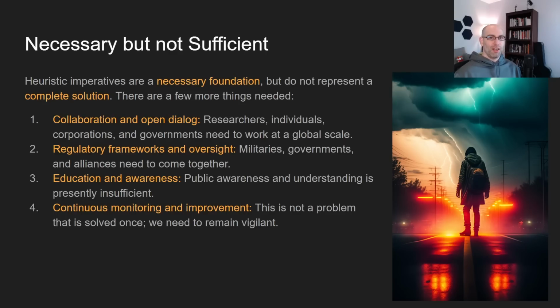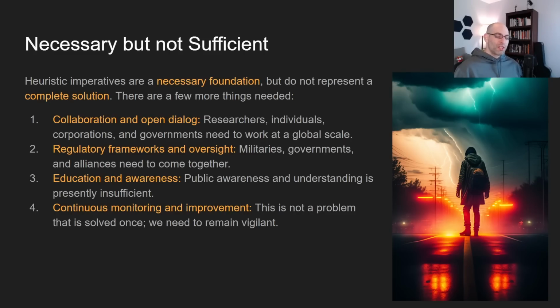And this is one of the things that Liv and other people talk about when talking about Moloch, is that it is a, what do they call it? I think a collaboration failure or a signal failure. I can't remember exactly how they describe it. But essentially, collaboration is the antidote, and open dialogue is the antidote to the ignorance and other negative signals and noise that contribute to the Moloch problem. Number 2 is regulatory frameworks and oversight.